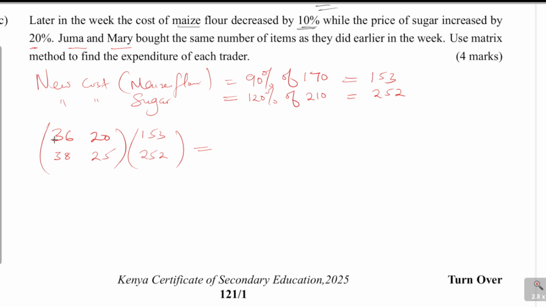When you multiply these, the first row times this will be 36 times 153 plus 20 times 252. Then the second row is 38 times 153 plus 25 times 252.